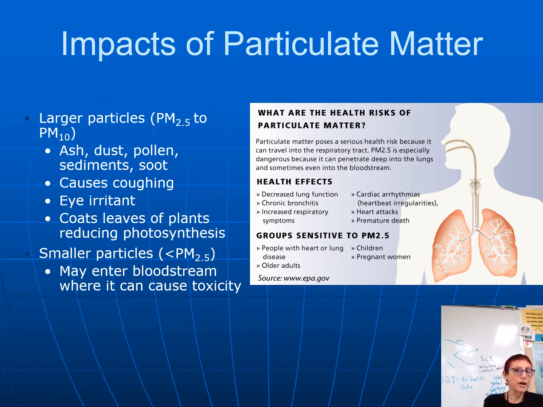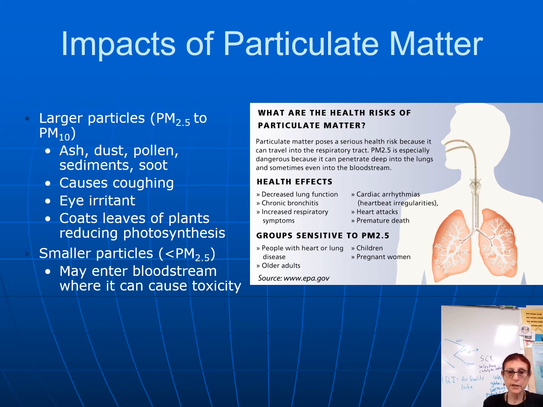They can cause you to cough, and your nose is kind of your first line of defense, right, to trap those particles. Have you ever been out someplace where there's a lot of dust in the air and you go home and you blow your nose and you look like you're blowing out dirt, right? Your nose, and the cilia in there, are really your first line of defense. But those particles can cause lung irritation, coughing. Particulate matter can coat the leaves on plants and cut down on your photosynthetic effort.